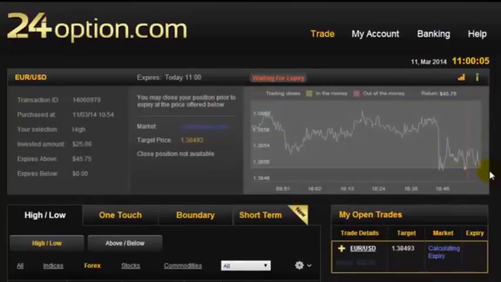So now you can see the trade closed at 11 o'clock, as I set the expiry time. The system has to calculate the closing price, and this will reflect in my total account balance, and my earnings will be added to my account balance here. So let's just wait for the system to calculate my trade.